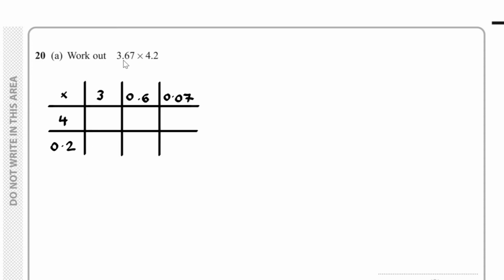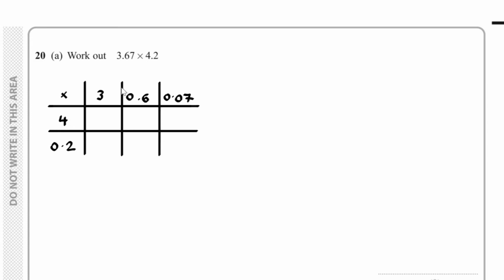Question number 20. For part A, we have to work out 3.67 times 4.2. We can do this by using the grid method. We have rewritten 3.67 as 3, 0.6 and 0.07, and the 4.2 is rewritten as 4 and 0.2.